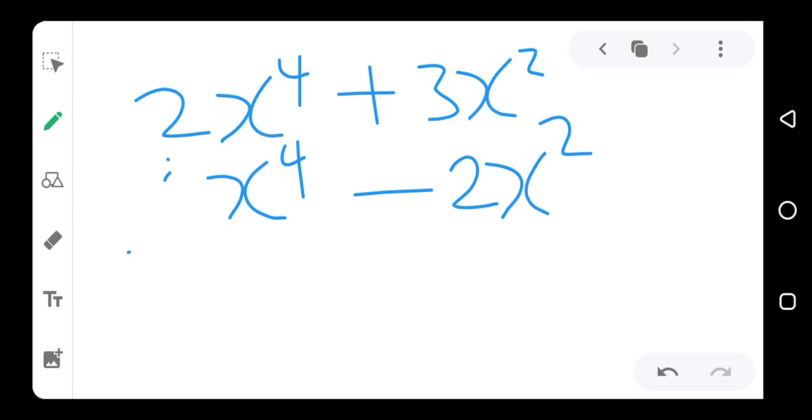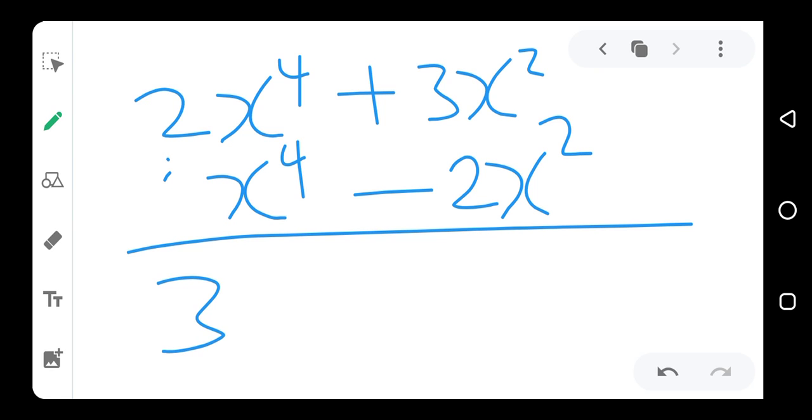Now having arranged them like this, we now add. 2x raised to power 4 plus x raised to power 4 will give us 3x raised to power 4.